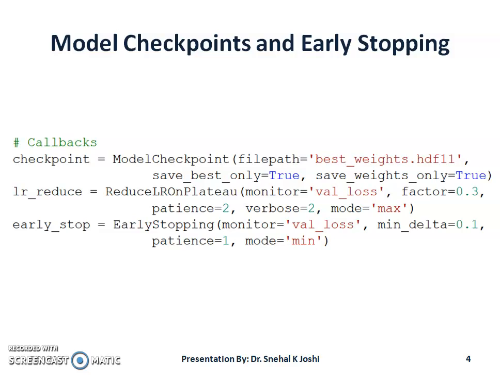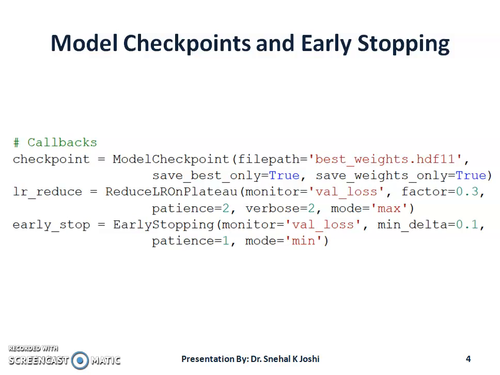This callback monitors a quantity, and if no improvement is seen for a patience number of epochs, the learning rate is reduced. Then second is the monitor, which is the quantity to be monitored. Four important arguments that we are using here are factor, patience, verbose, and mode. Let us understand them one by one.